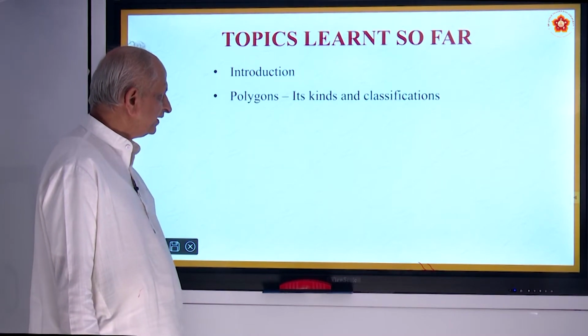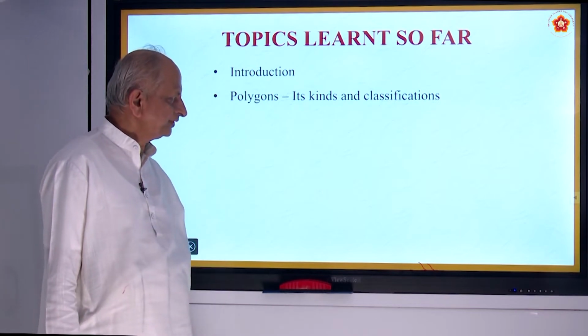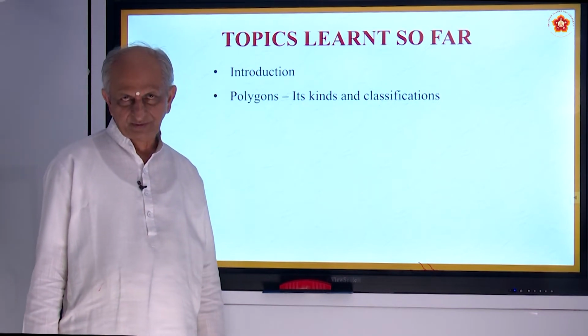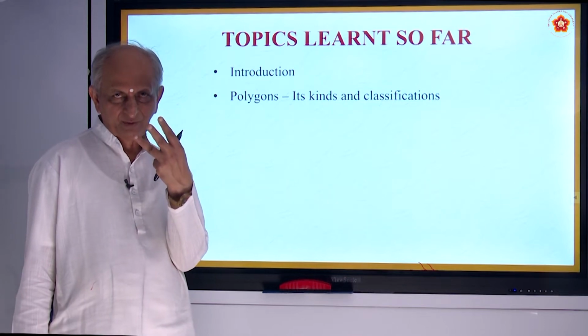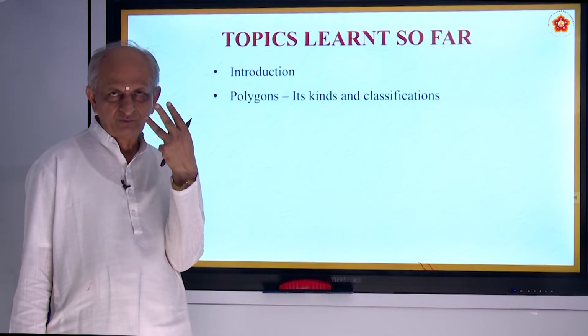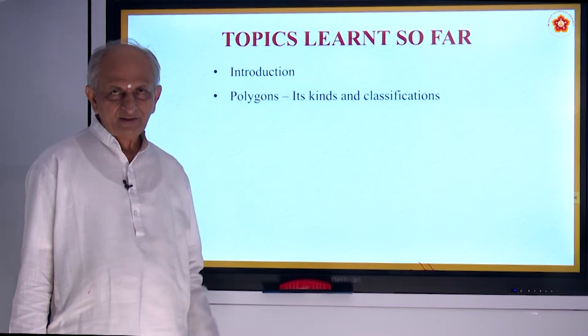And there are different kinds of polygons, starting with triangles. A triangle is a polygon with 3 sides. A quadrilateral is a polygon with 4 sides. What do you call a 5-sided polygon?